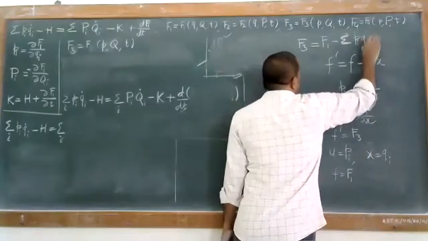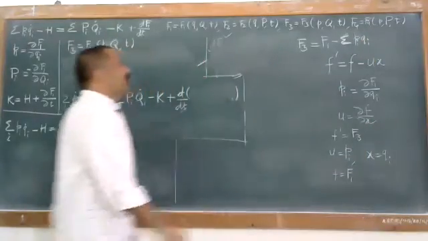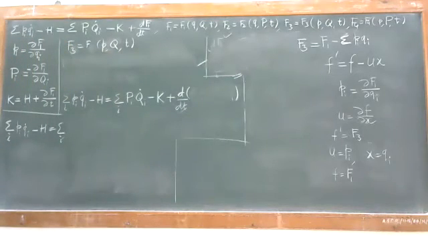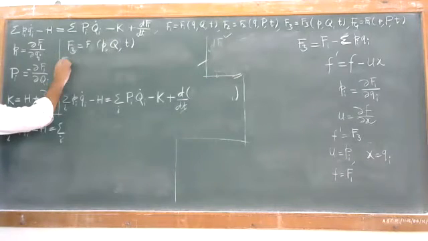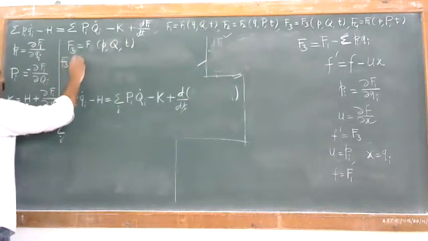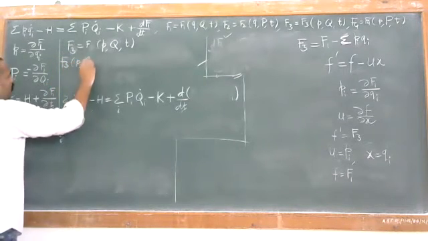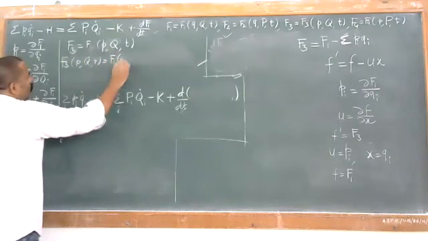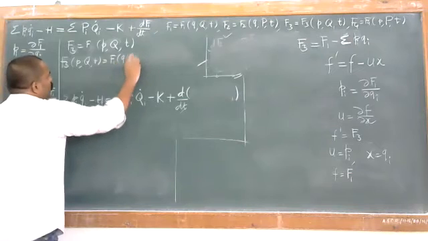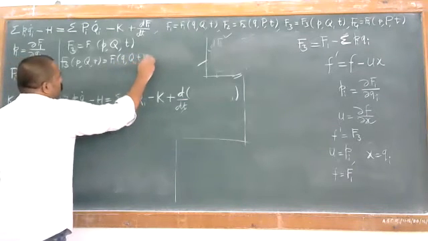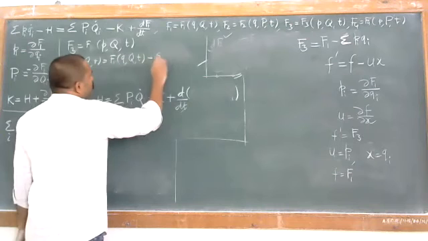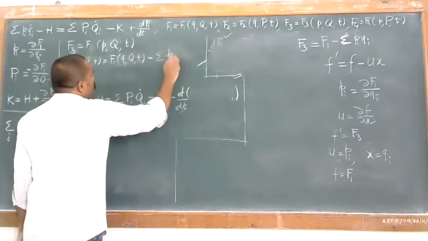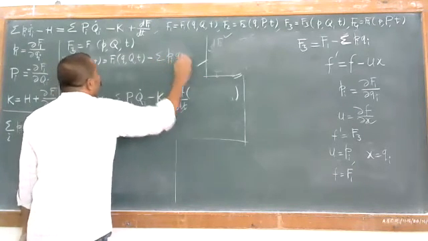So this is nothing but f3 is equal to f1 minus summation over pi q1. So I'll just write it here. That is f3 of small p, capital Q, t is equal to f1 of small q, capital Q, t minus the summation over small pi into qi.